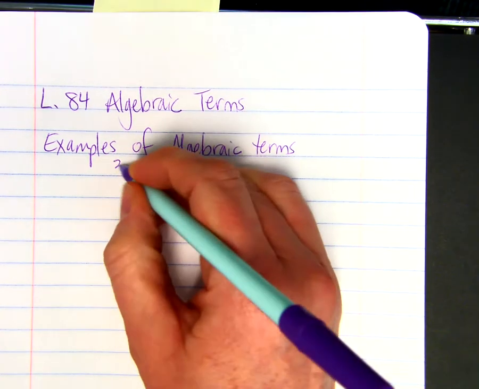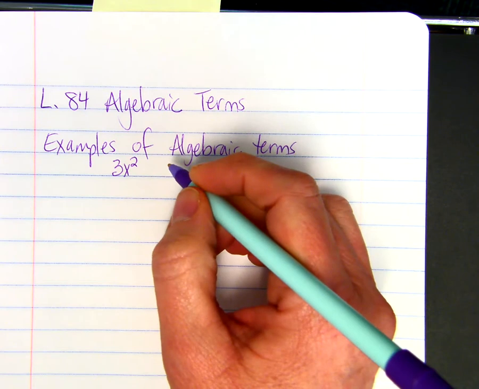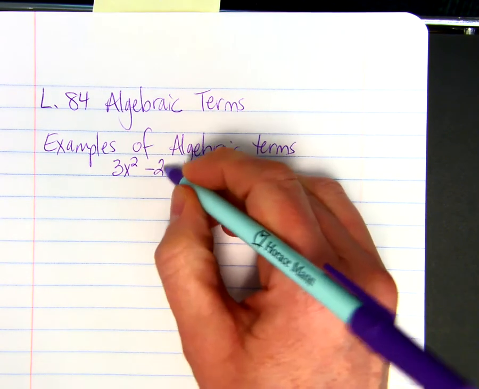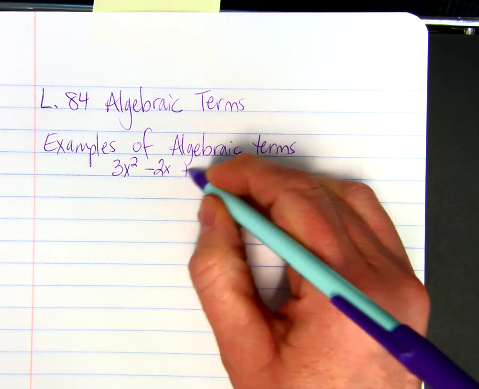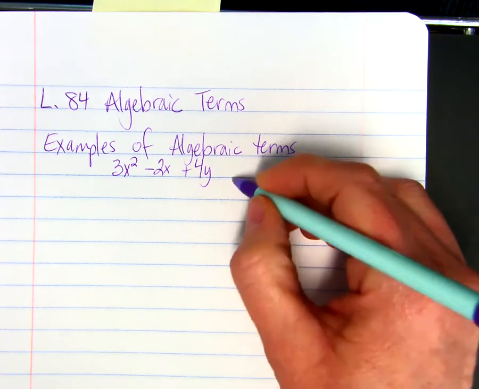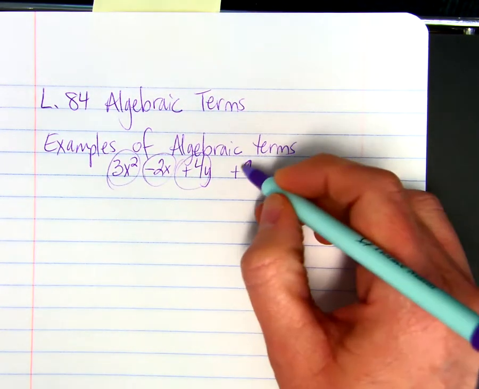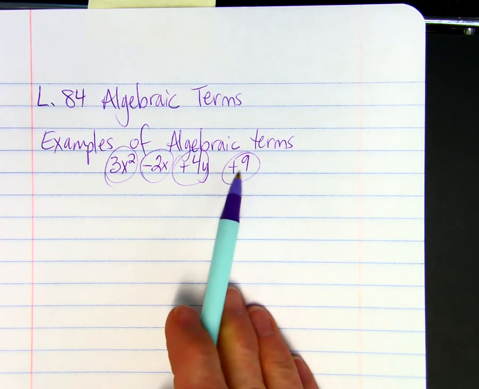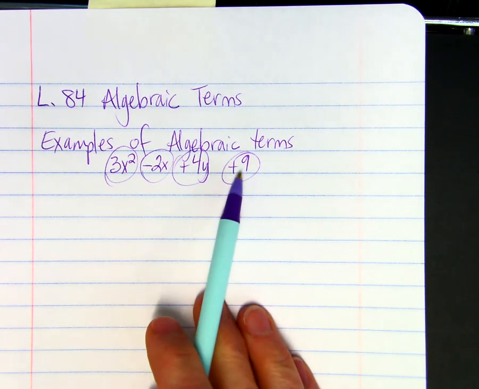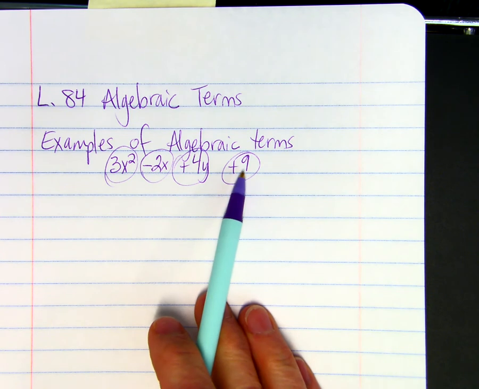So here's a term, 3x squared. And here's a term, negative 2x. Here's a term, positive 4y plus 9. So these are all considered algebraic terms. Notice that the 9 doesn't have a variable on it. Evidently, that's okay. It's just considered a term.